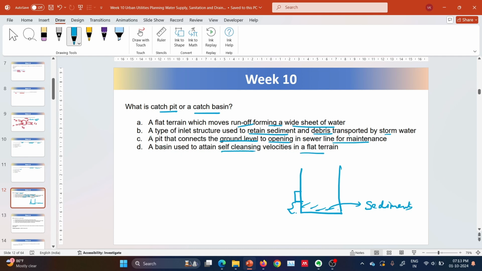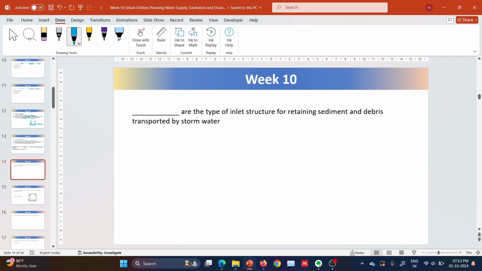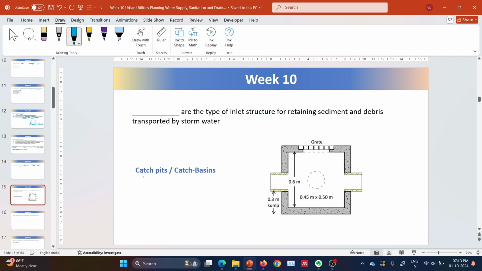The answer is B. It is a type of inlet structure used to retain sediments and debris transported by stormwater. These are the catch pits and catch basins that we discussed.